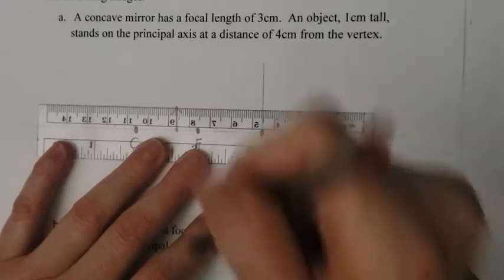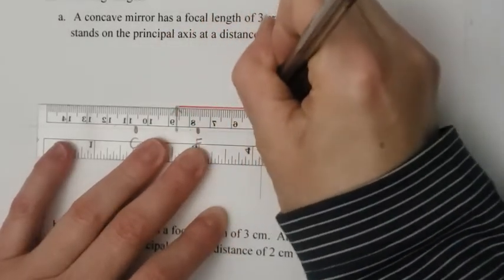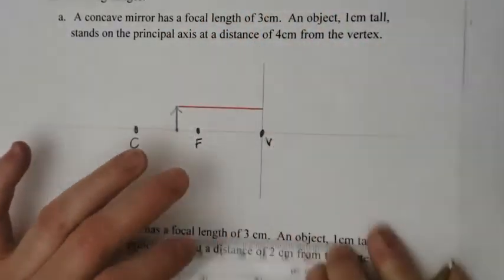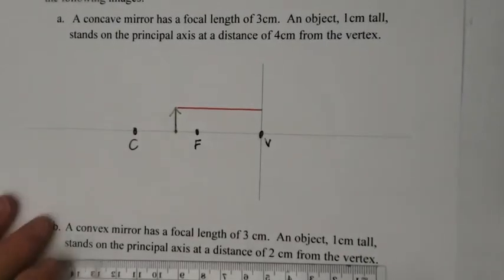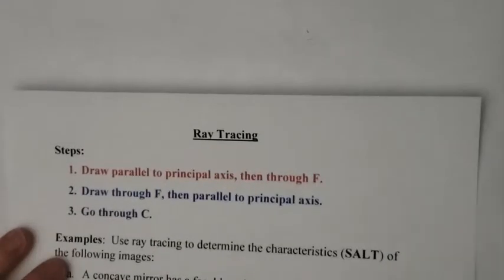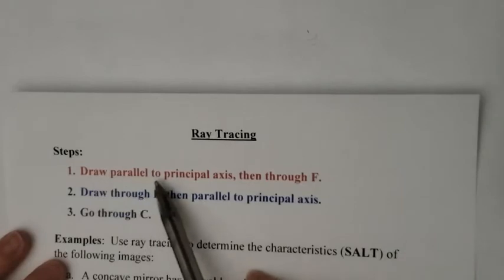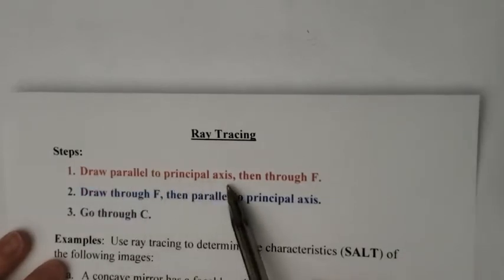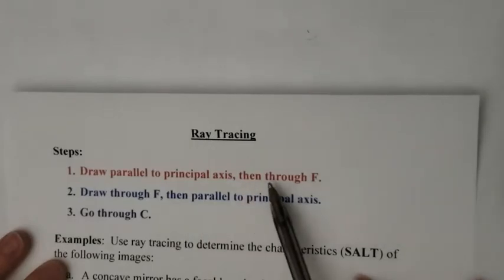That kind of looks parallel to me. So I just go to the mirror, and then you stop when you hit the mirror. You have to lift your ruler up. So that's the first part. So the first part of the sentence says, draw parallel to the principal axis. Now here's the second part. You stop, lift your ruler, and then we go through F.